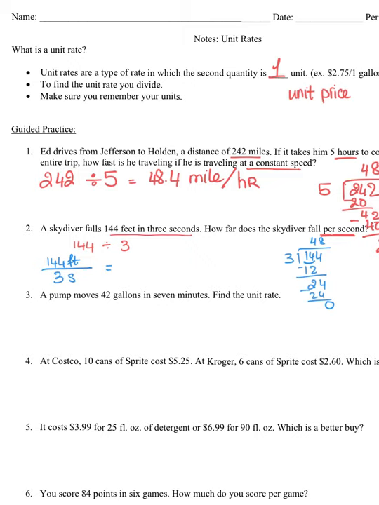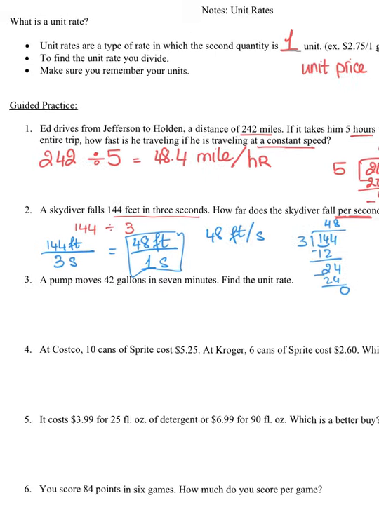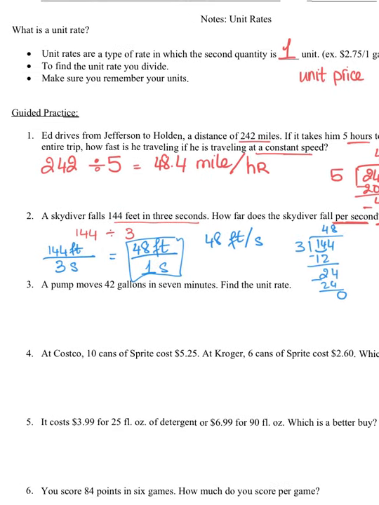So the answer will be 48 feet per second. Per second means 1 second. So we can write your answer this way or this way, per second. All right. Since I modeled it for you, I'm gonna write it both ways.